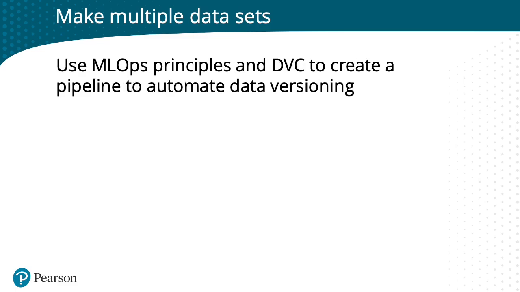So you can use MLOps principles and tools like feature tools and DVC to create a pipeline, or at least to create part of a pipeline to automate this whole data versioning process. So when you take these tools and you write different scripts, then you can decide what the triggers are to execute those scripts.